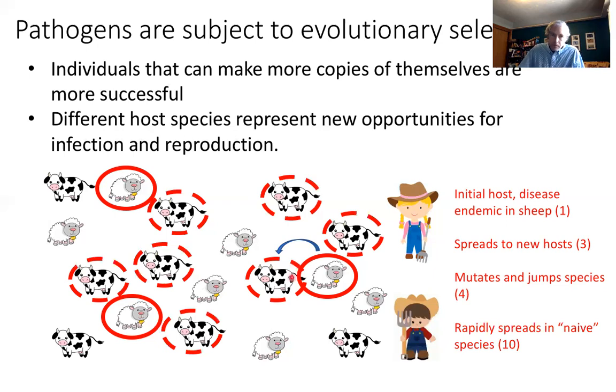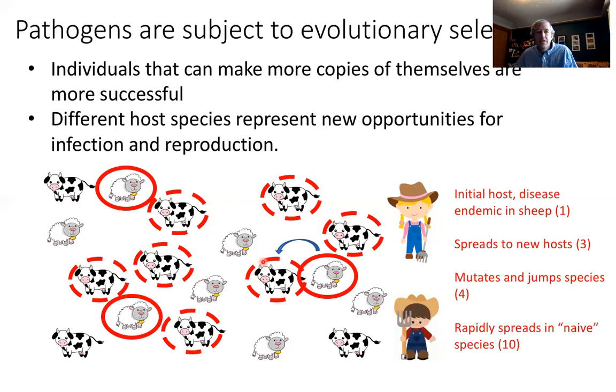However, because it's now infected a new species, this species is naive to this pathogen. It's not encountered it before. That means none of the individuals in that species have experienced the pathogen before, so they haven't had a chance to build up an immune response. And because they haven't evolved with the disease, they haven't got a natural innate immunity to it.